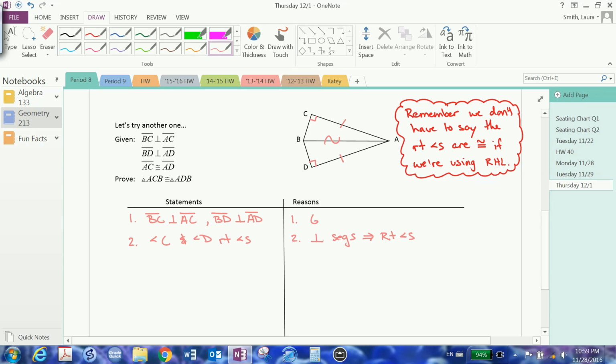All right, so I've got my right angles. Then I'm given AC is congruent to AD. That was given. And I did the reflexive. BA congruent to BA. So then I'm done.